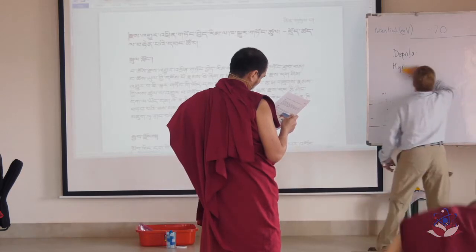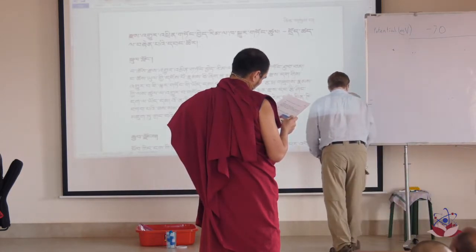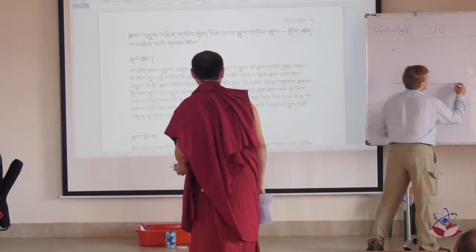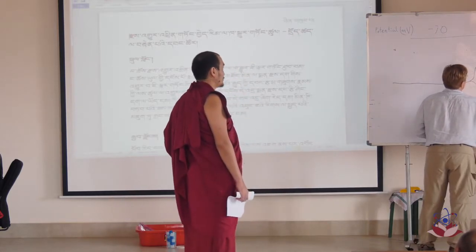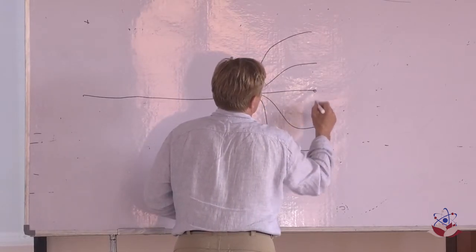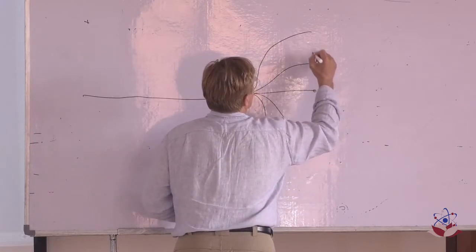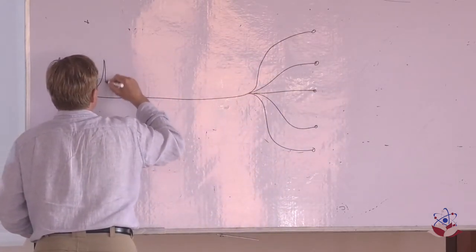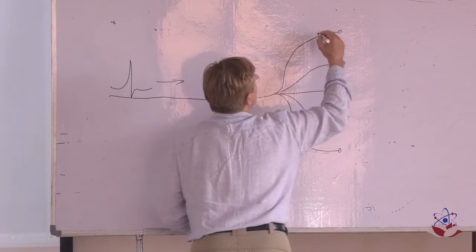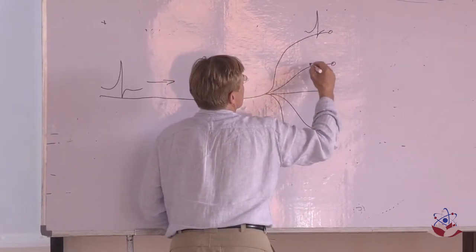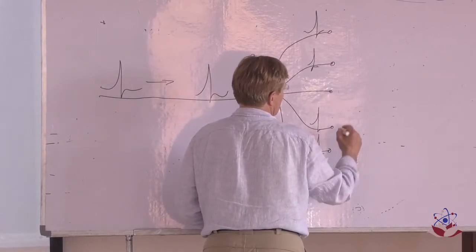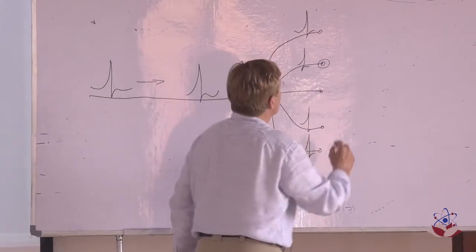So when an action potential goes down the axon and gets to the end of the axon, it goes to all the little branches of the axon, and it gets to the end of the axon.